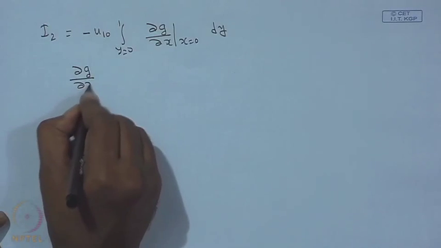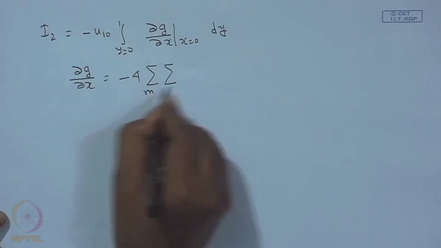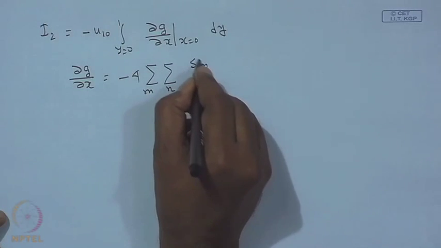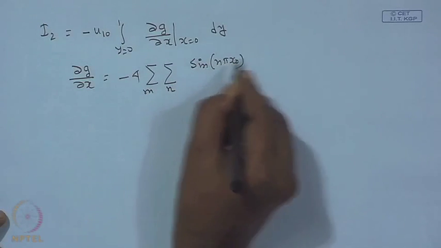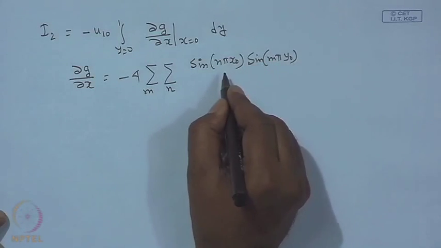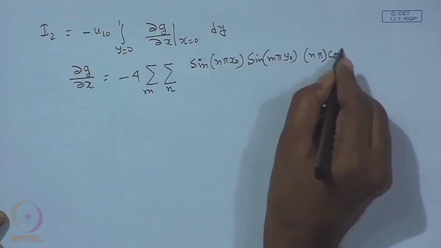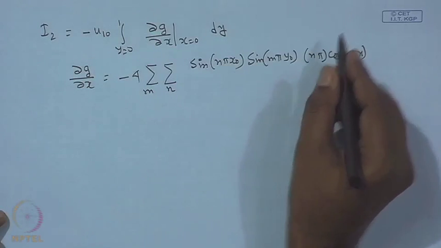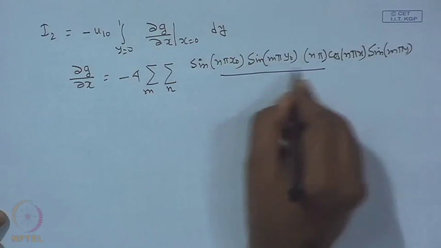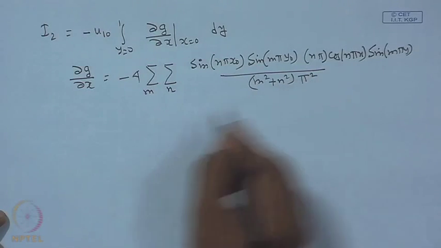Del g del x is nothing but minus 4 summation over m, summation over n, sin n pi x naught sin m pi y naught, and del g del x gives n pi cosine n pi x sin m pi y, divided by m square plus n square pi square.